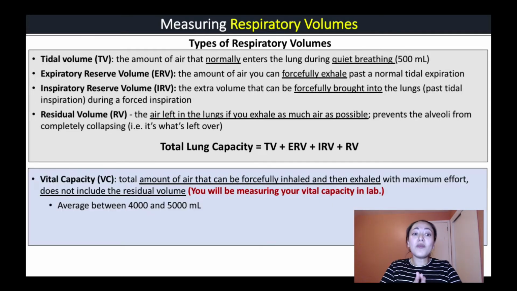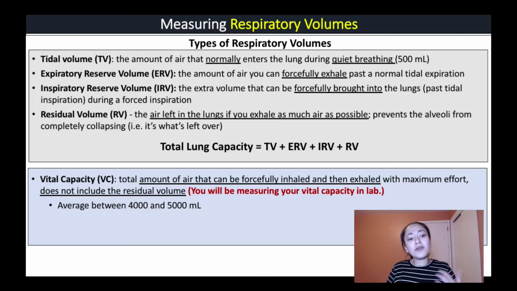One thing that you measured in our lab was vital capacity. This is the total amount of air that can be forcibly inhaled and then exhaled with maximum effort. But it does not include the residual volume, because even when you breathe out as much as you can, that residual volume is still left in your lungs.